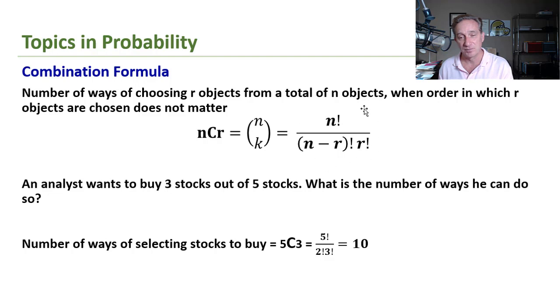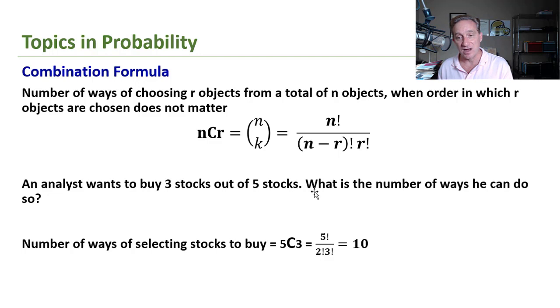Here is N factorial divided by the product of N minus R factorial multiplied by R factorial. So for example, an analyst wants to buy 3 stocks out of 5 stocks. So that is, choose 3 out of N equals 5.